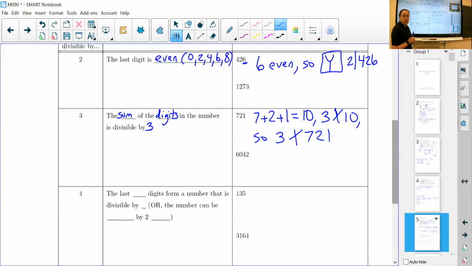Number 4, the last 2 digits form a number that's divisible by 4. For 2, we only cared about the last digit. For 4, we need the last 2 digits. We can also say the number can be divided by 2 twice.